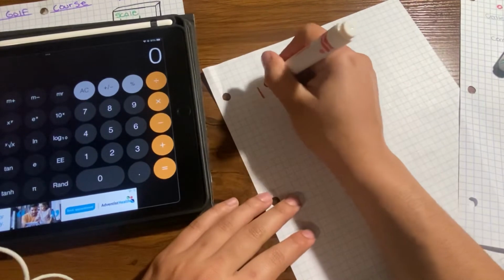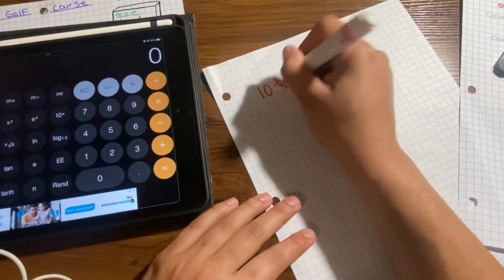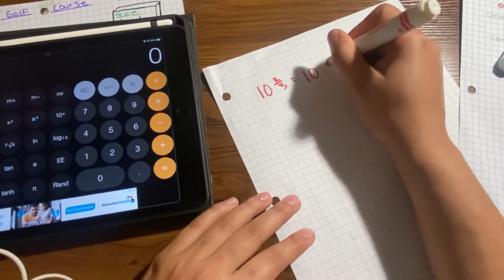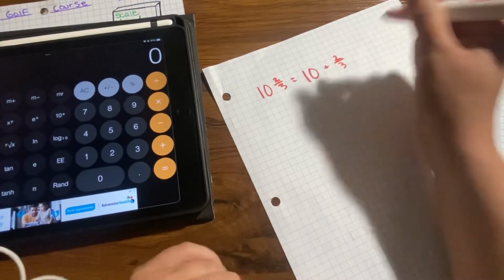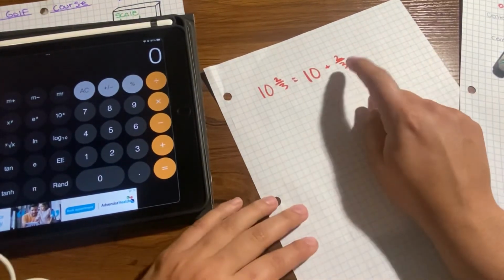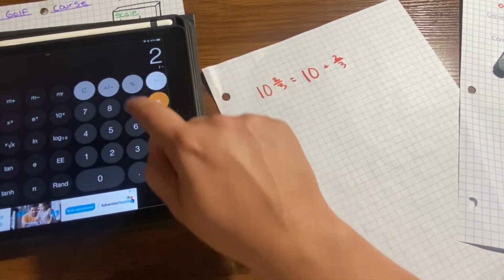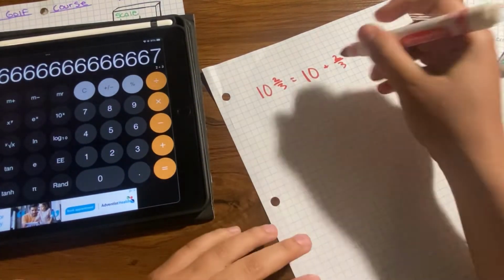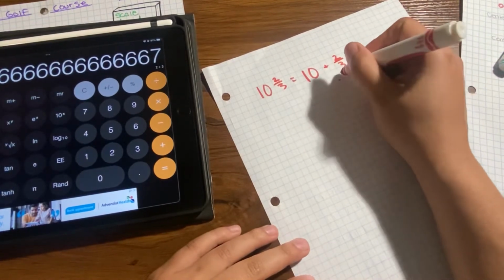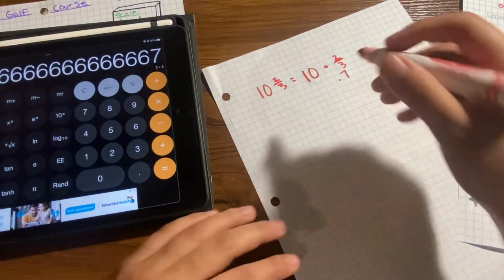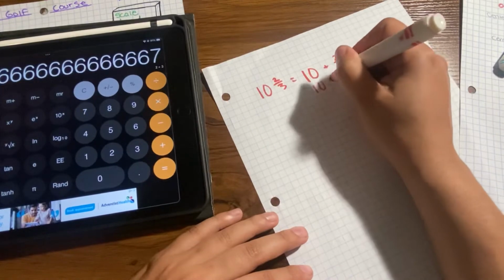Just to recap, I know we're not the best at all our fractions. 10 and 2/3 is equal to 10 plus 2/3, okay? So I'm going to figure out what this guy is as a decimal. So I'm just going to do 2 divided by 3, and I get, I'm going to round, 0.7, okay? I don't want big numbers. And 10 is just, well, 10.